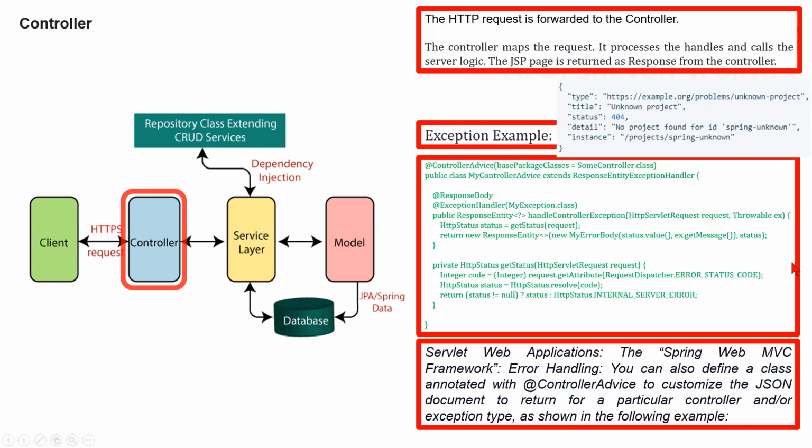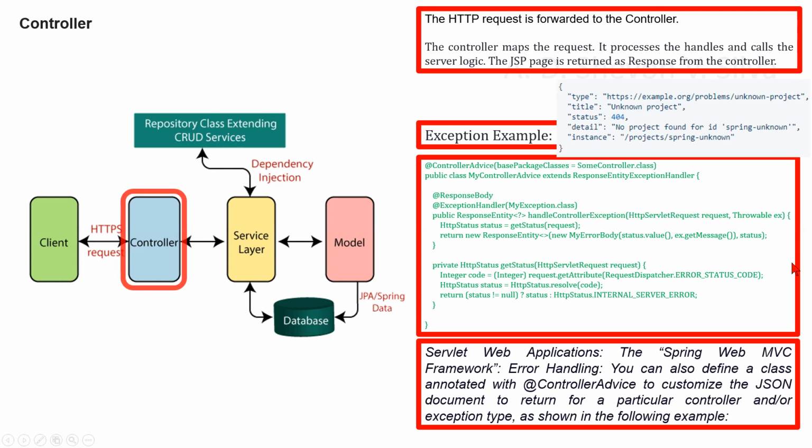As an example, we are considering error handling in the Spring Web MVC framework in servlet web applications. By default, Spring Boot provides an /error mapping that handles all errors in a sensible way, and it is registered as a global error page in the servlet container.